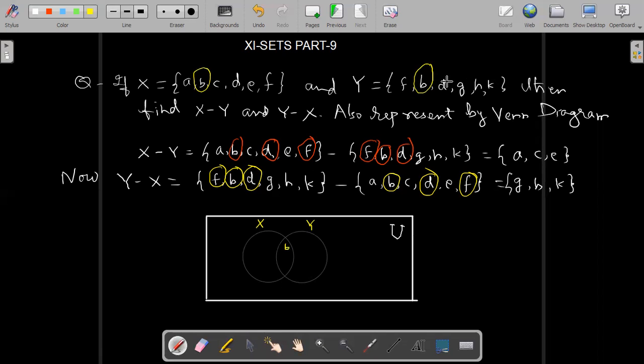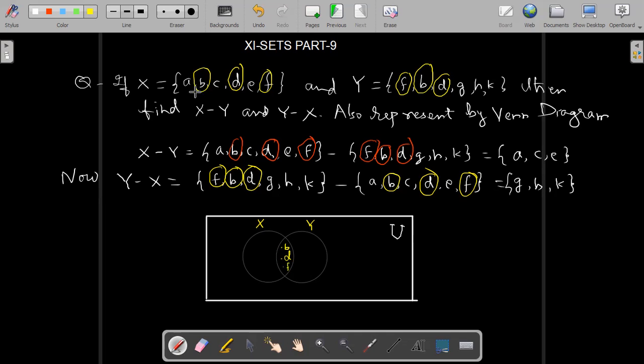Then D is common, so we can write inside, just use one dot also. And the third common element is F. F is also common.